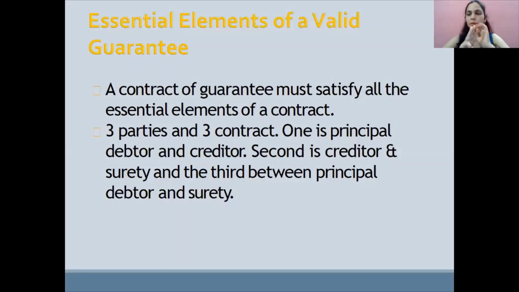So, hence, we will be having three contracts simultaneously: a contract between creditor and debtor for getting the loan, a contract between debtor and surety for giving the assurance of repayment, and a contract between the surety and the creditor for acting as a guarantor against the repayment of loan in case of debtor's default. Hence, we are having three parties, hence three contracts.